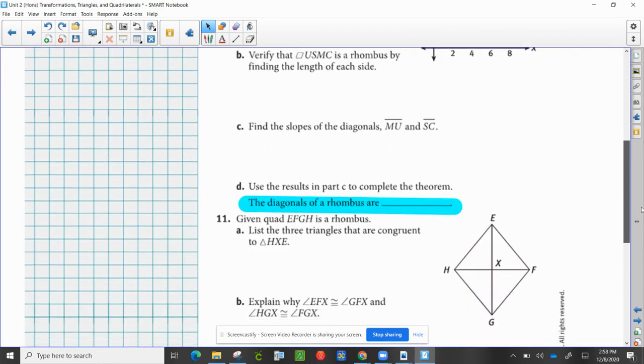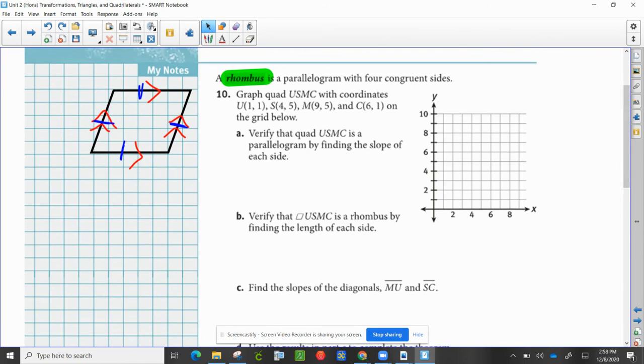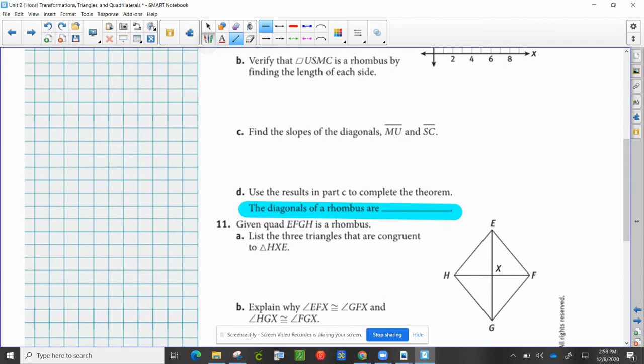Let's scoot down here. The diagonals of a rhombus, because they are a parallelogram, are going to be congruent like before. Drawing another diagonal here. But what's special about the diagonals for a rhombus is they are actually perpendicular.